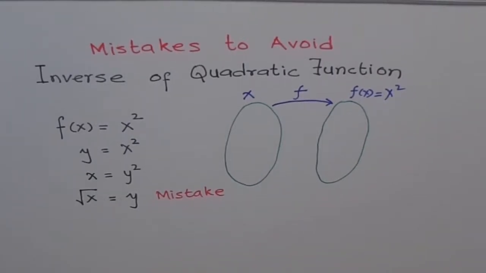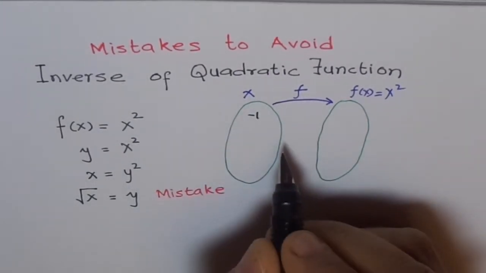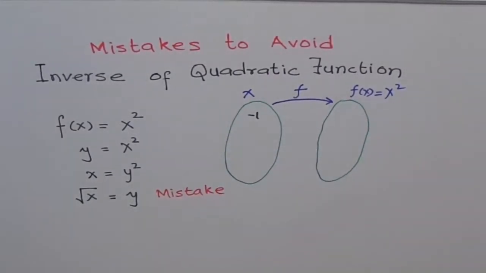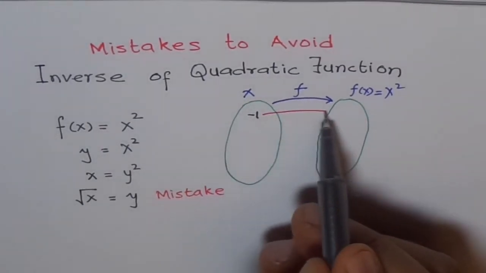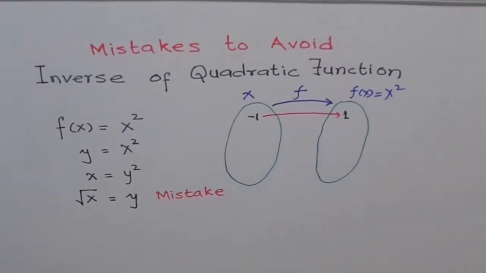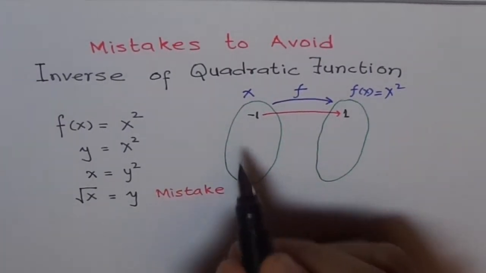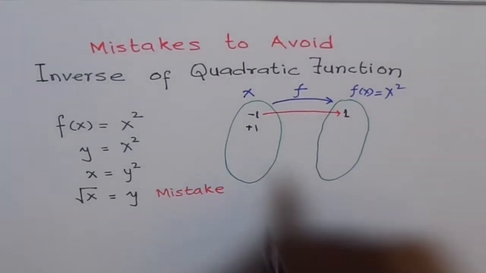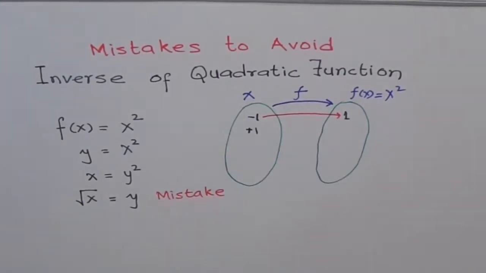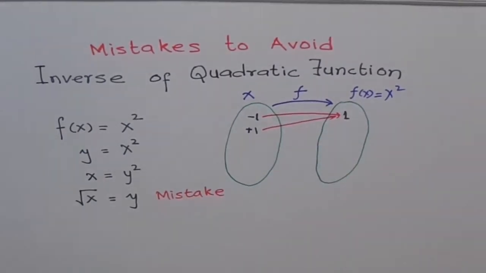Let's say my x value is -1. The square of -1 will give me what? +1, correct? And if I have a value of +1, then what will I get? +1 squared is also +1, the same value, is it okay?